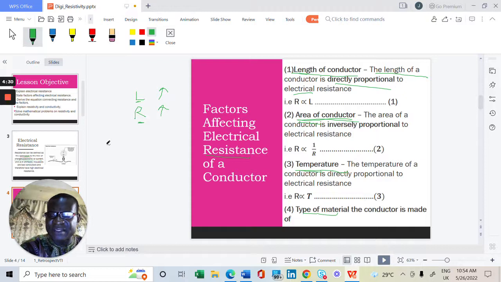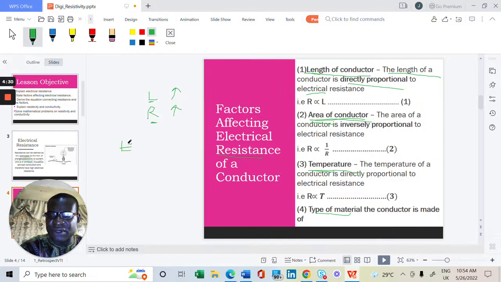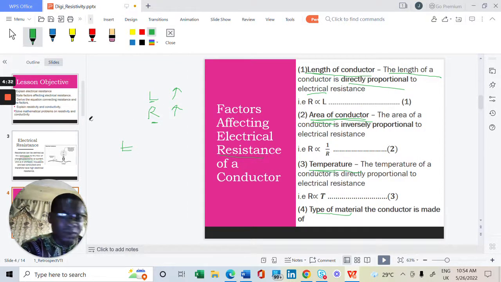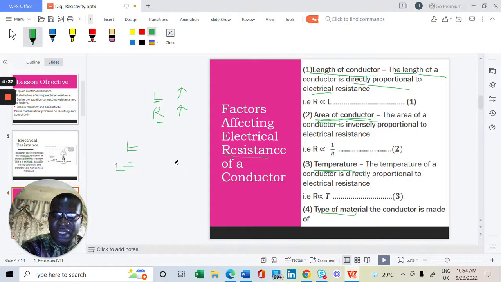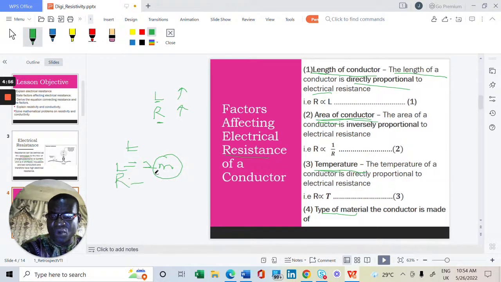Say, for instance, the length of the conductor is 2 meters. I don't want to use centimeters now because the meter is a fundamental unit, which is part of the topics that we have in AP Physics on units and measurements. Now, let's say the resistance of the material was 2 ohms at that length.